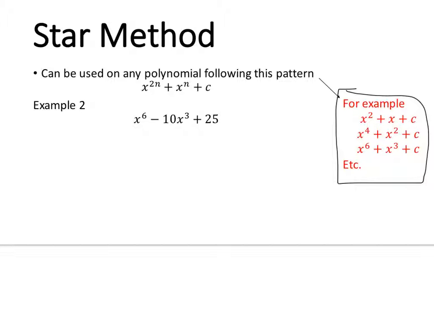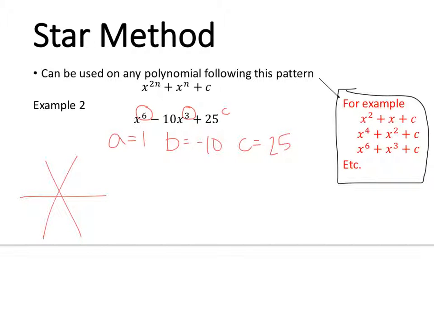So in our example, I have x to the sixth minus 10x cubed plus 25. Again, I follow the pattern of an even exponent, half of that, and then my constant. There's no GCF, so I'm going to start with a is 1, b is negative 10, and c is 25.